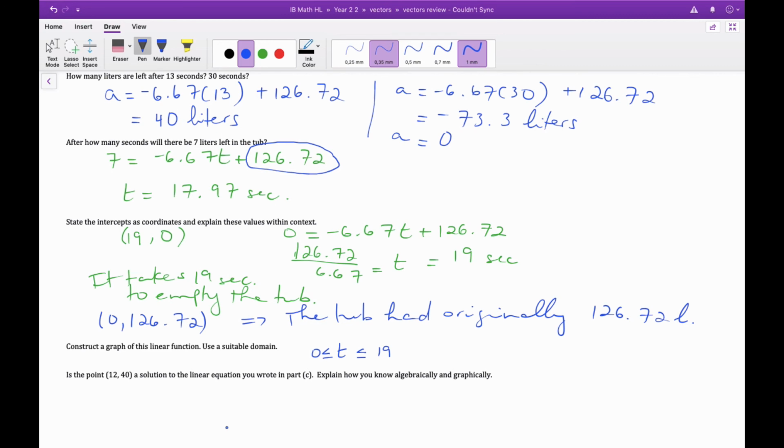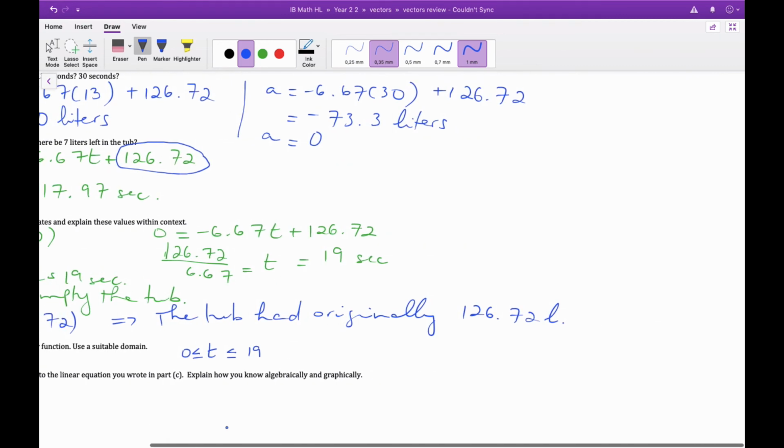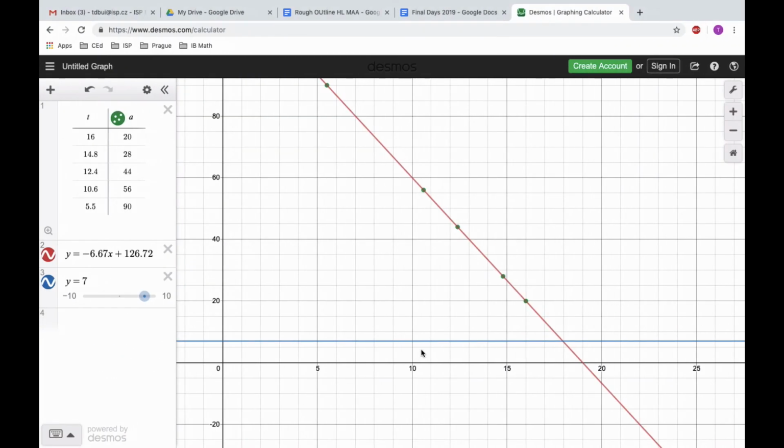They want to know if that's on the line. If we look at the graph, I think the answer is going to be no. I can tell visually, because it's going to be more than that. Graphically, when x equals 12, I see that it is 46.